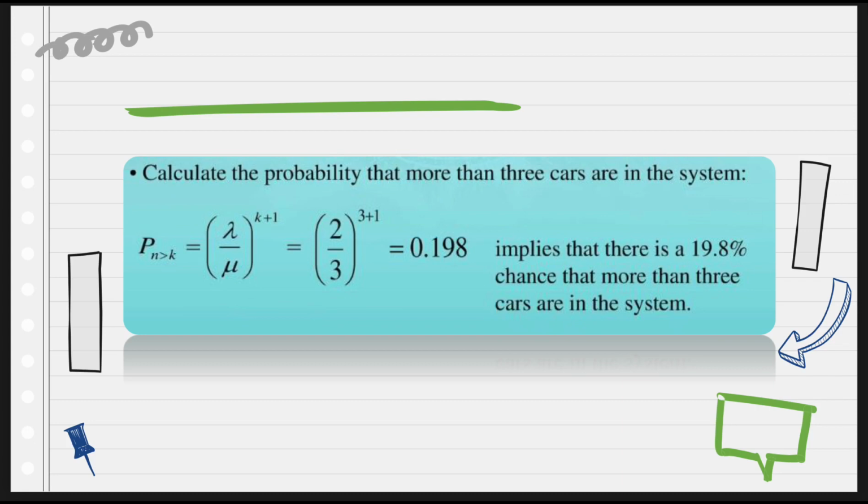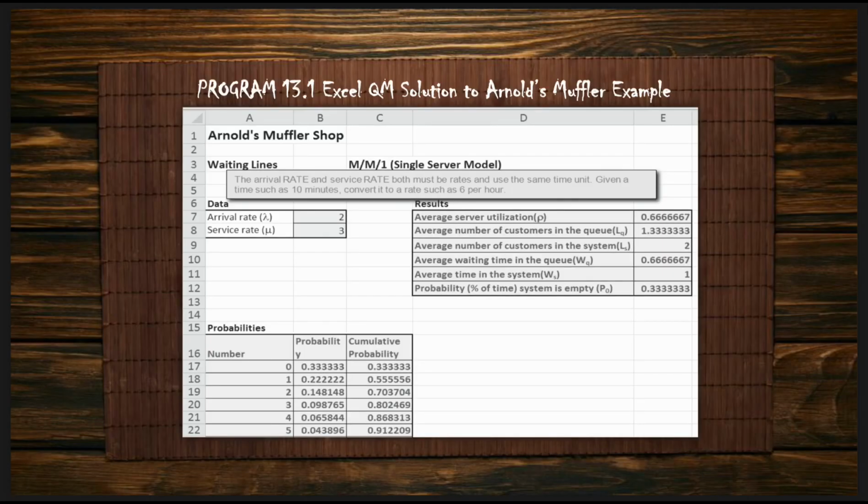So, yun na yung magiging final answers natin. So, next, this shows the XLQM solution to Arnold's muffler example. So, actually, na-solve na natin to siya kanina. And, pinakita lang dito ano ba yung itsura niya once nag-input tayo ng mga ganong information sa XLQM.